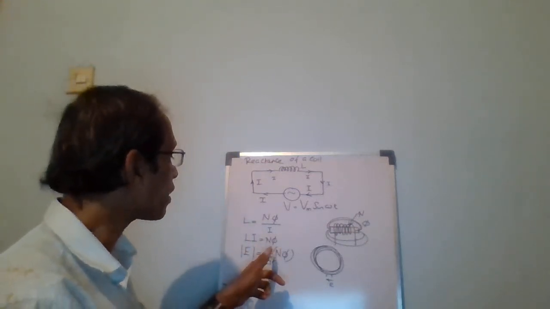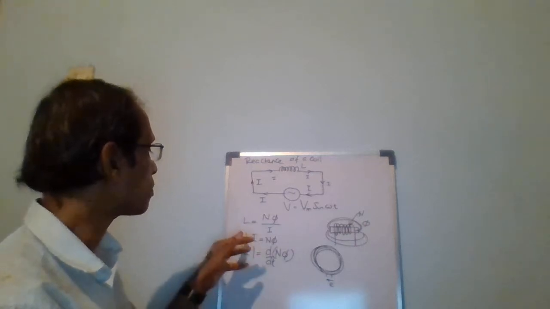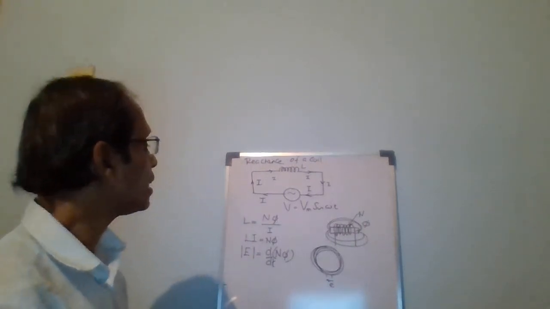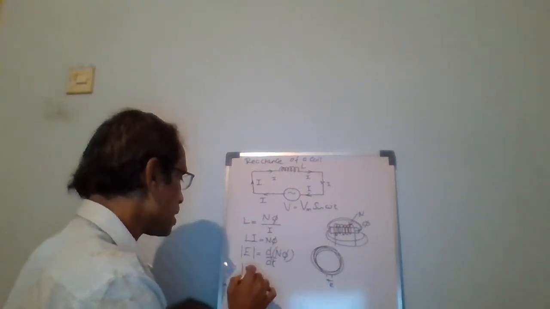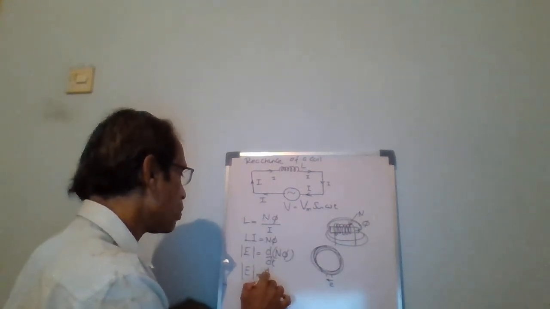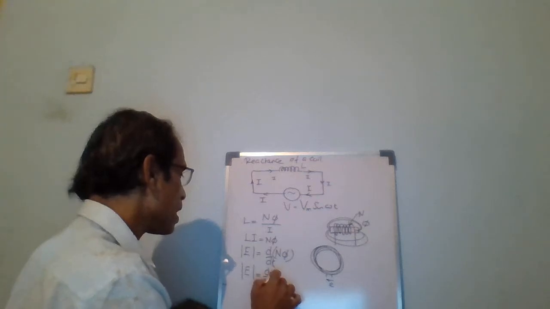But N phi you can write as Li, as mentioned earlier. Then we can write E is equal to d over dt of Li.